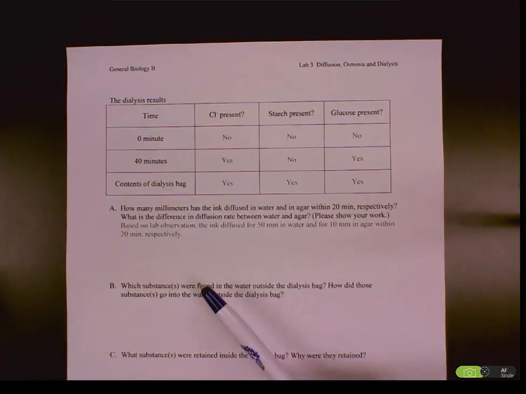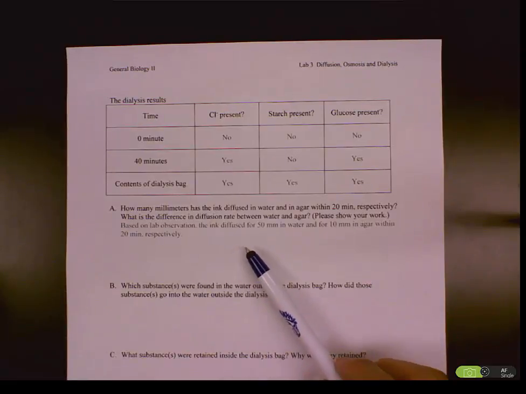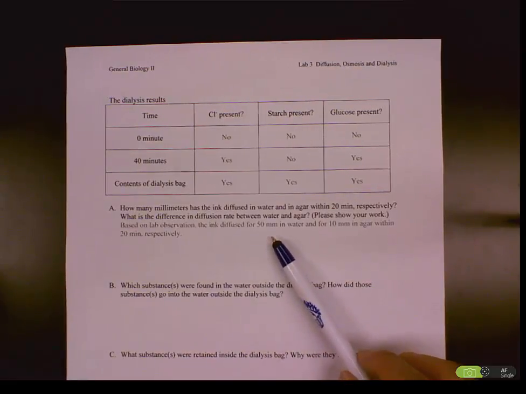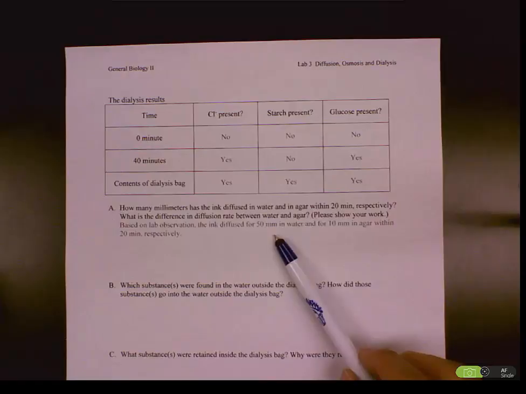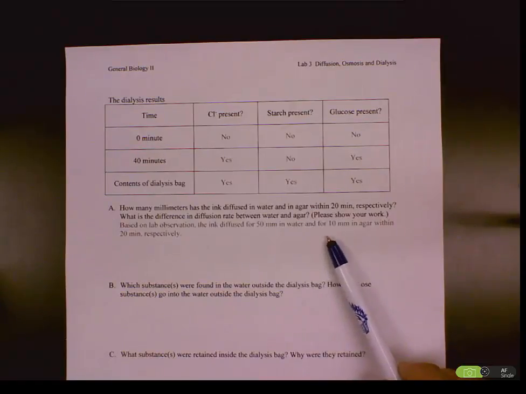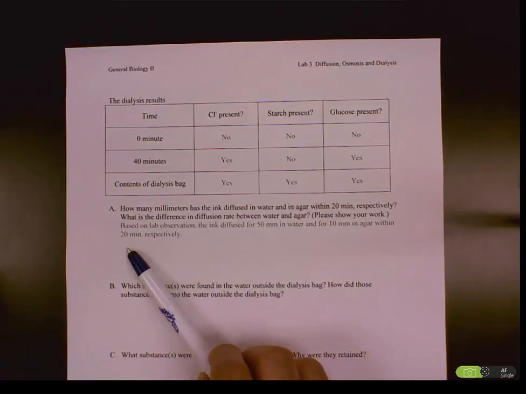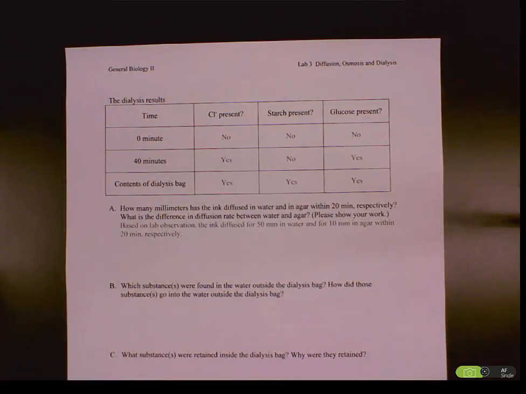In question A, I provide the diffusion distance, which is 50 millimeters in water and 10 millimeters in agar within 20 minutes. You can calculate the diffusion rate in these two solutions to see the difference.